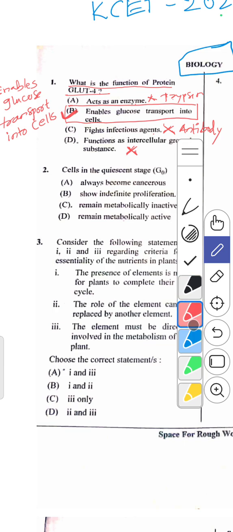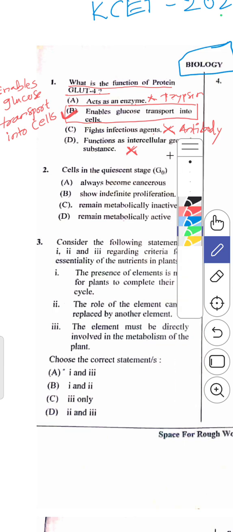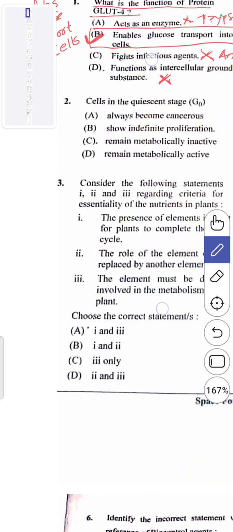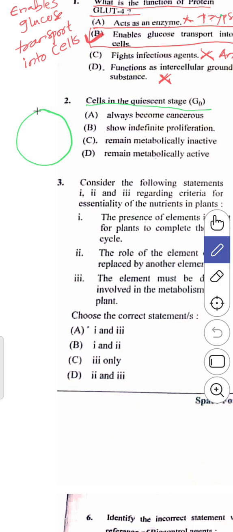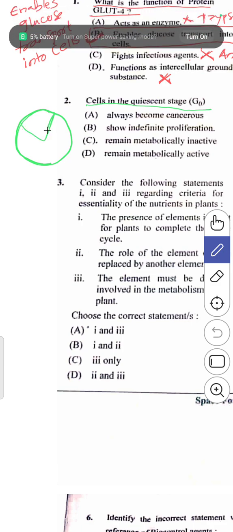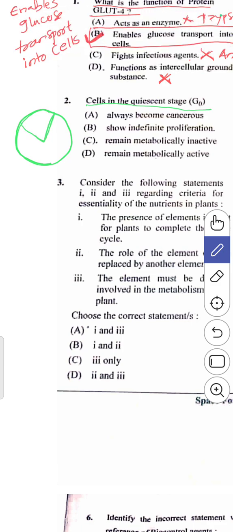Let's discuss the next question, that is cells in the quiescent stage, that is G0. So this is a cell cycle. In the cell cycle, you will find two phases. One is interphase, another one is M phase.